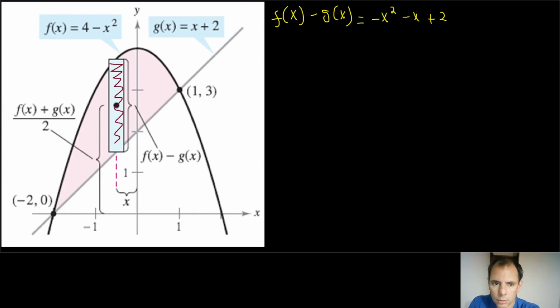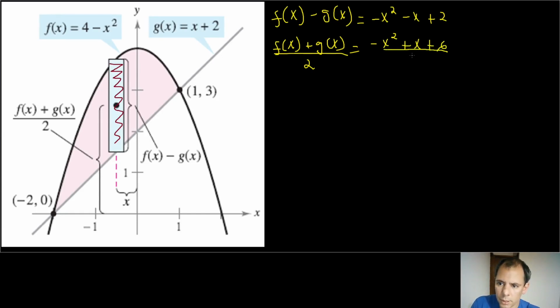Now you also have to calculate f of x plus g of x divided by 2. So this is going to be minus x squared plus x plus 6 divided by 2.